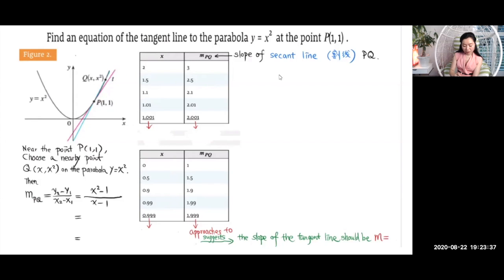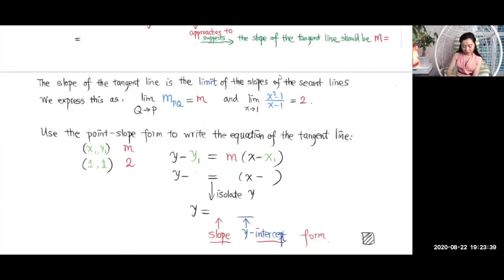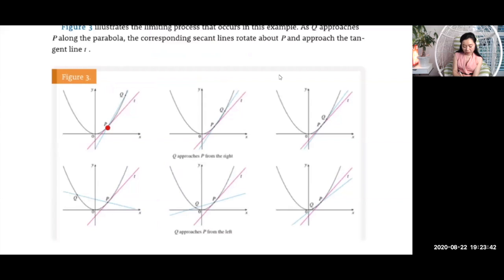Now let's take a look at this diagram here. This is a point P, and we're trying to find the slope for this tangent line. What we do here is, near this point P, we pick a point Q, which is on the parabola but closer to this point P. Then we can draw a line that goes through these two points, P and Q, and that's called a secant line, the secant line PQ.